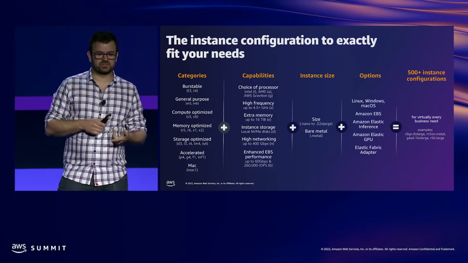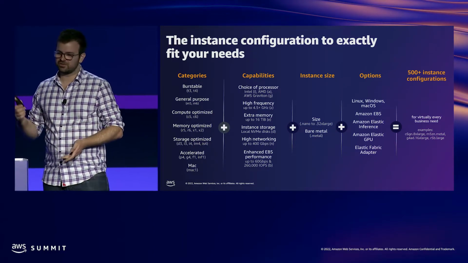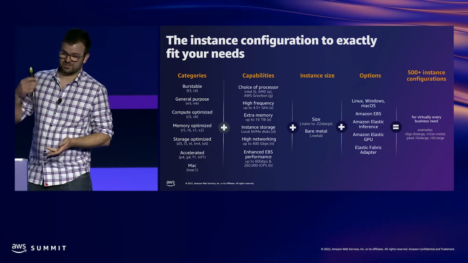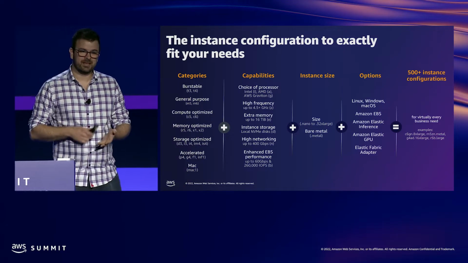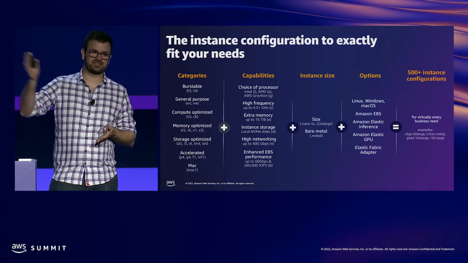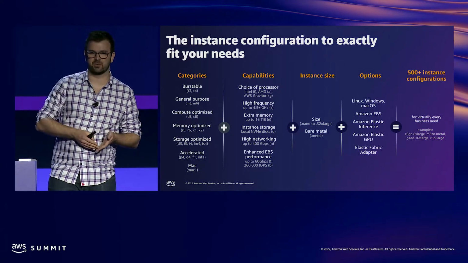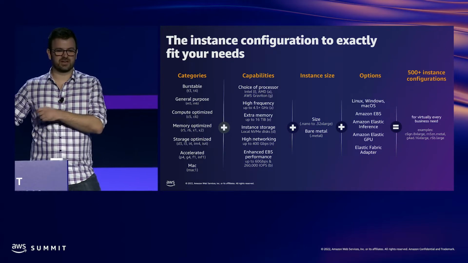Does it use GPUs or high performance storage or extreme amounts of memory for the number of cores or vCPUs it has? If it doesn't, or even frankly, if it does, you can probably cut your instance selection by half or by a quarter, because we offer a lot of specialized instances for those very specific needs.